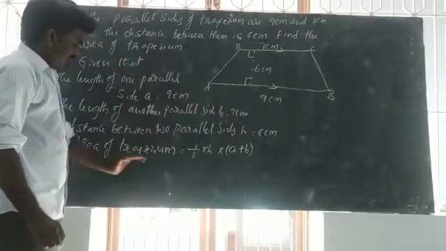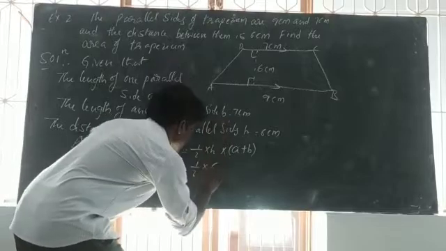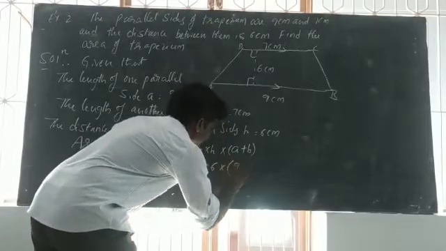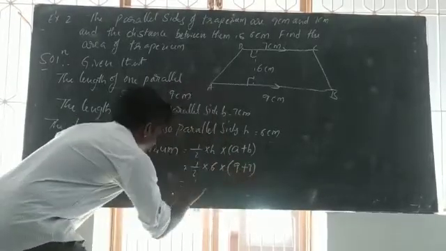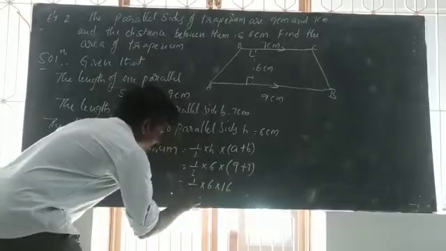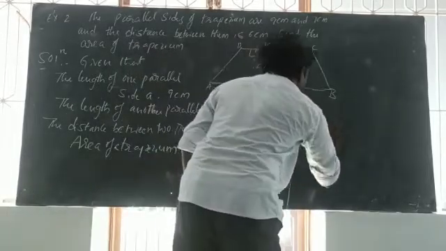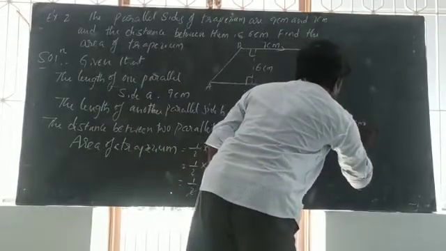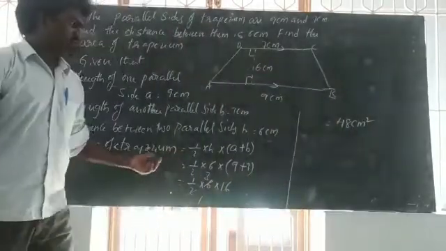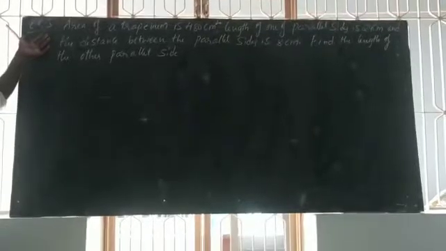So that is 1/2 into 6 into 9 plus 7, 16. So 2 ones are 2, 2 threes are 6, 3 times 16 is 48 centimeter square. So the area of the trapezium is 48 centimeter square.